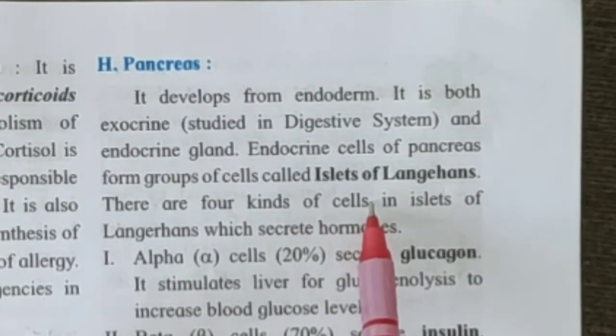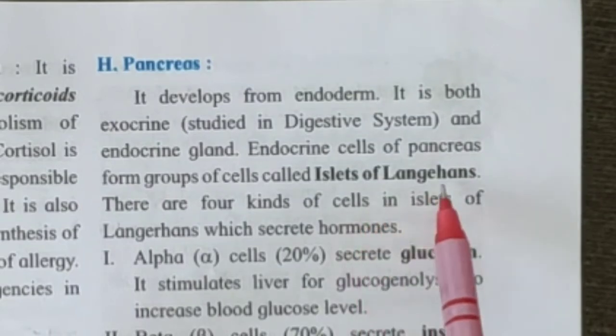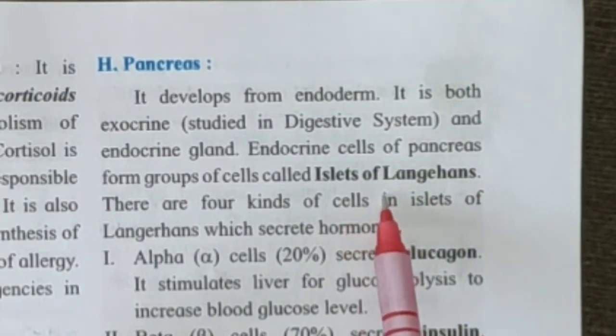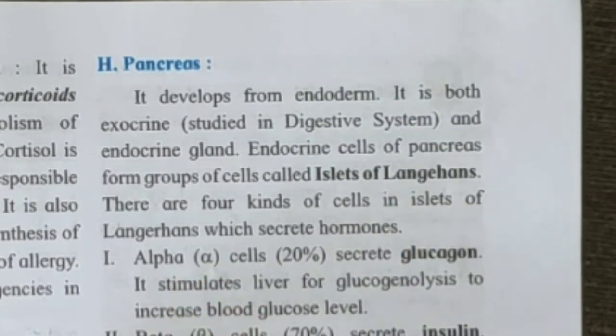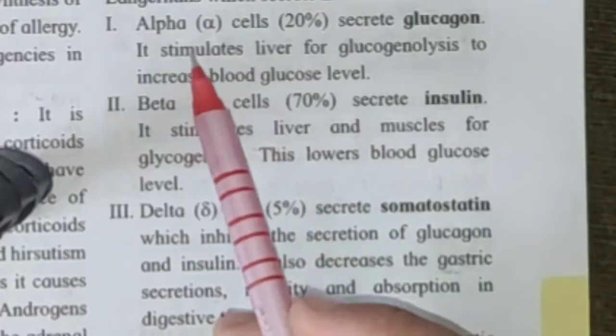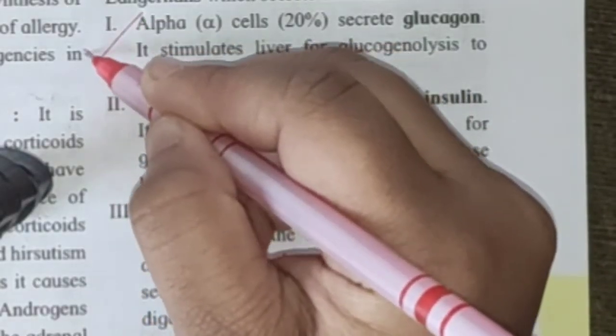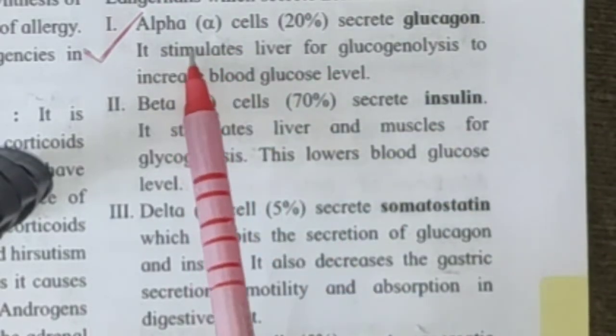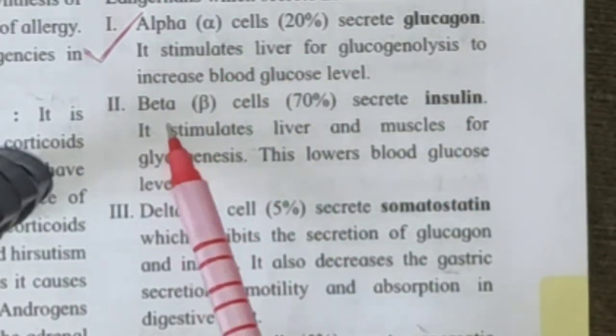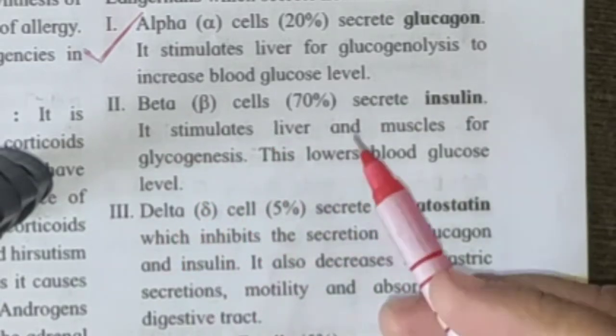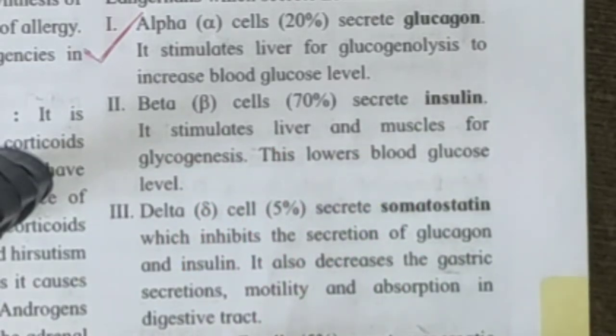This islet of Langerhans has different types of cells, which are classified into 4 cells, and these 4 cells secrete some hormones. So first we will see the alpha cell, second will be beta cell, third will be delta cell, and fourth will be PP cell or F cell.